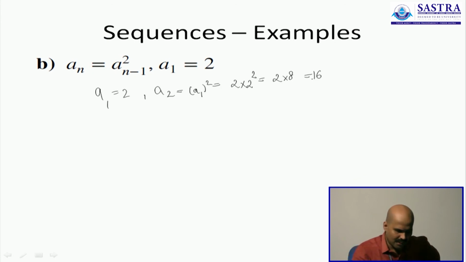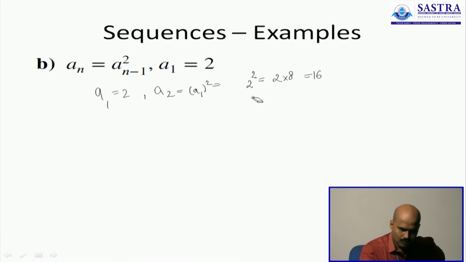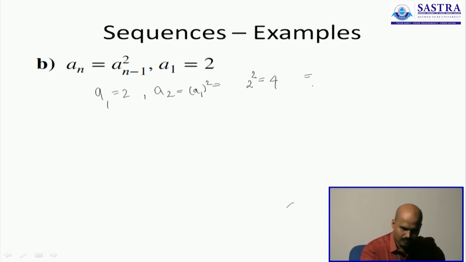It just says A naught squared, so you don't have to multiply by 2. So it is just 2 squared, and 2 squared is going to give us only 4. So A1 is 4.